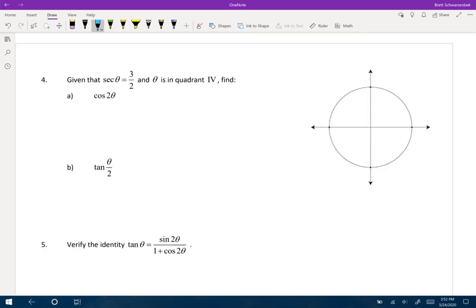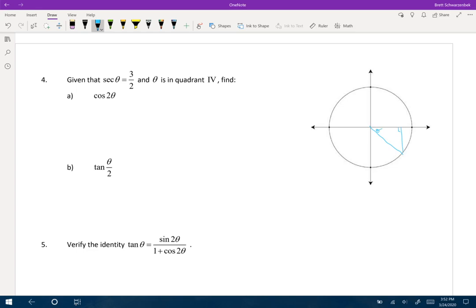Okay, so let's do a smaller example of the problem we just did, just so you can understand how to apply this in unique scenarios. So it says, given that secant of theta is equal to 3 over 2 and theta is in quadrant 4, find the following. Okay, you'll see that we have two problems that we have to do, or two trig evaluations. But before we do that, of course, again, we want to set up a scenario where we have an angle in quadrant 4.